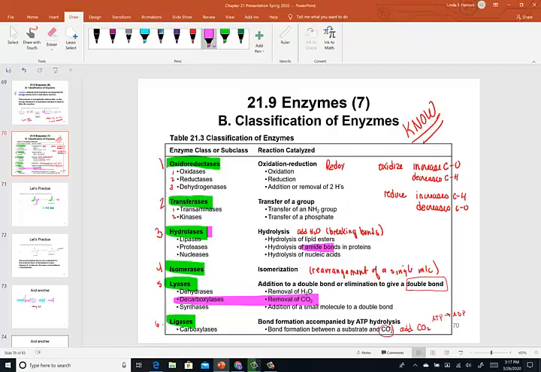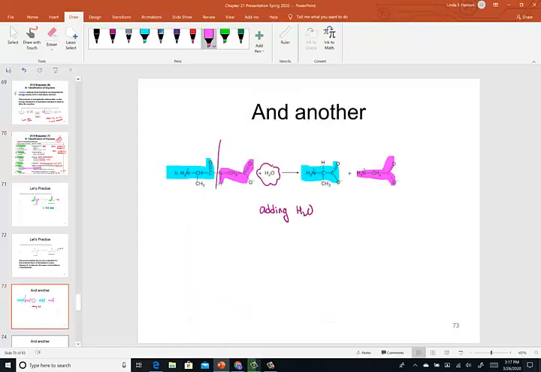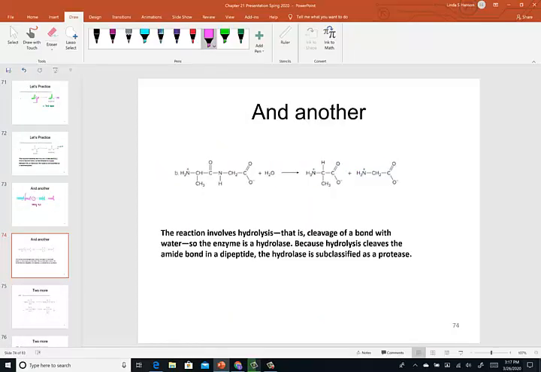So in this example, as we progress through and practice, we're noticing that the reaction was hydrolysis. That was the cleavage of a bond with water, so we know it was a hydrolase. And because it cleaved an amide bond in a dipeptide, we classified it as a protease underneath that category.